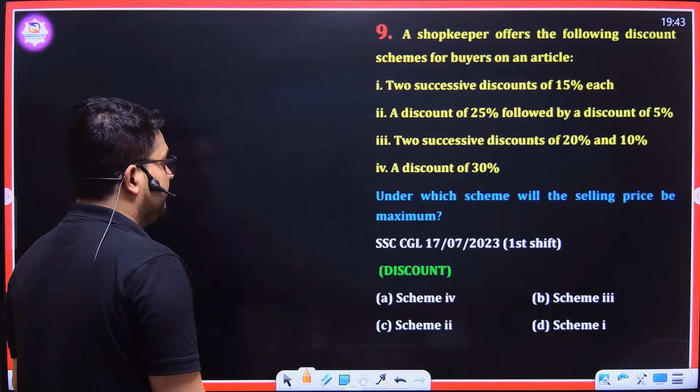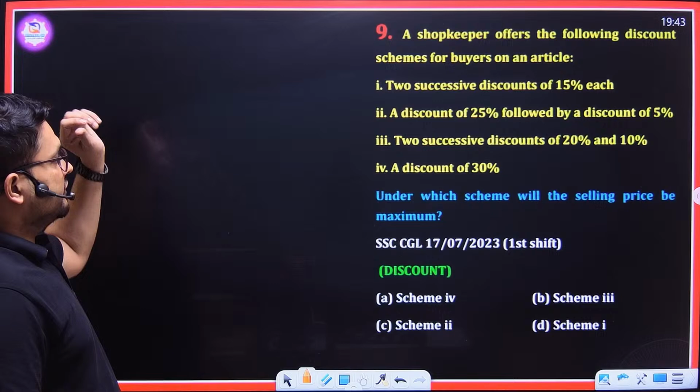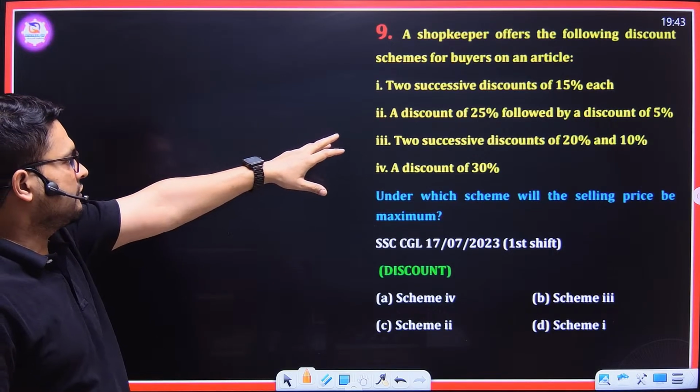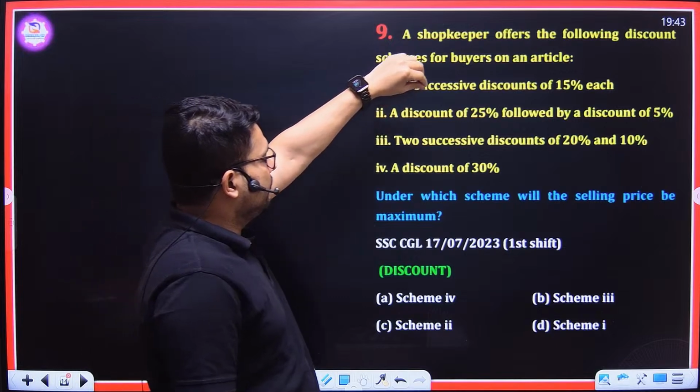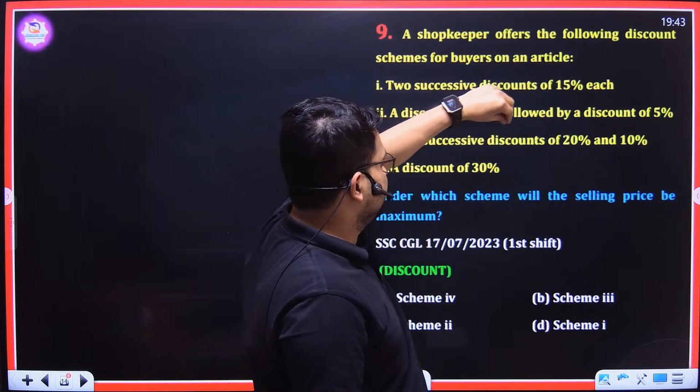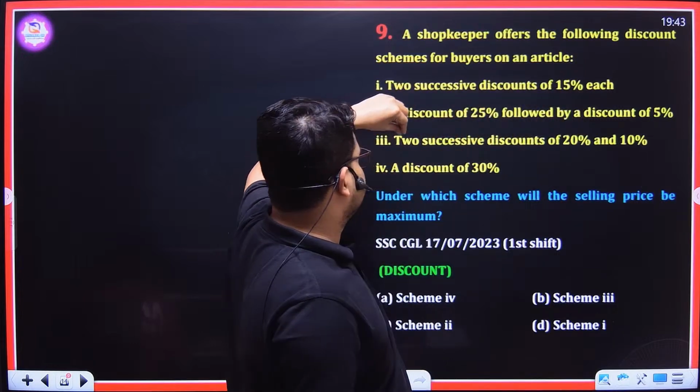Next. A shopkeeper offers the following discount scheme for buyers on an article: two successive discounts of 15% each, a discount of 25% followed by a discount of 5%, two successive discounts of 20% and 10%, a discount of 30%.